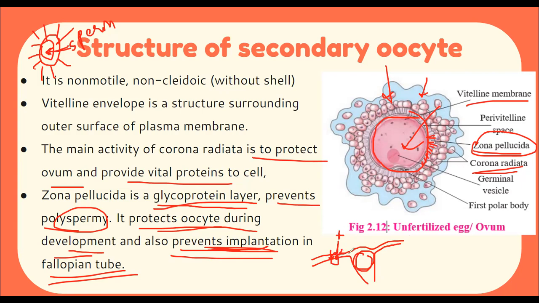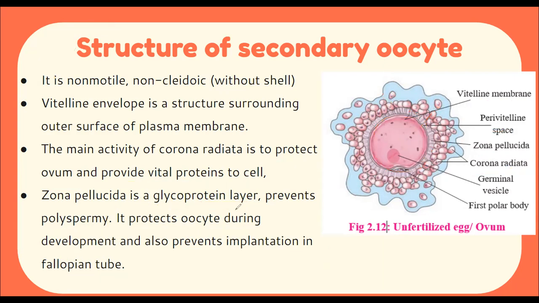Once fertilization happens and the zygote forms, implantation has to occur in the uterus wall. To prevent any attachment in the fallopian tube, zona pellucida is helping. It is preventing implantation in the fallopian tube.